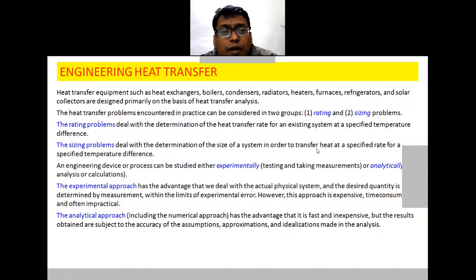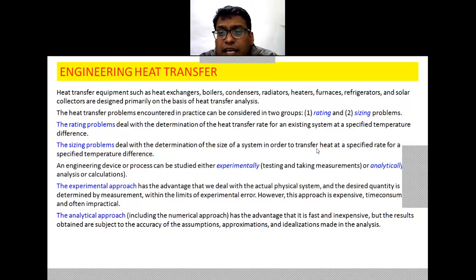We are designing a new system, that means we are sizing for the specific conditions of temperature and pressure. In case of rating problem, the existing system has to be checked whether it will fulfill my conditions of temperature and pressure and the certain flow rate.